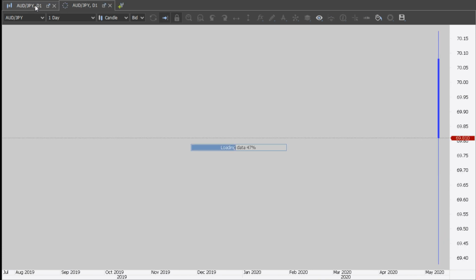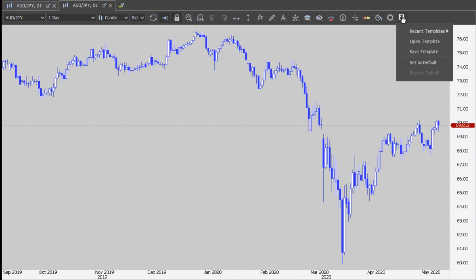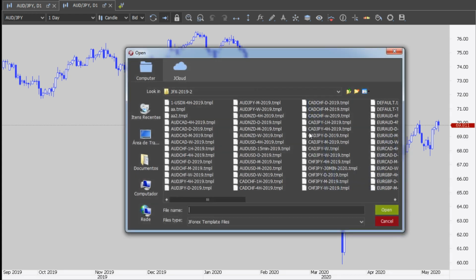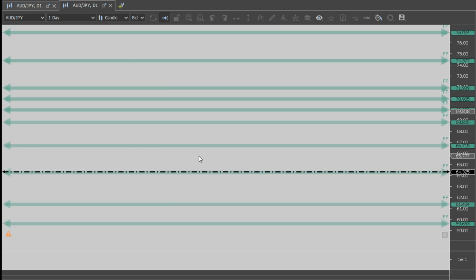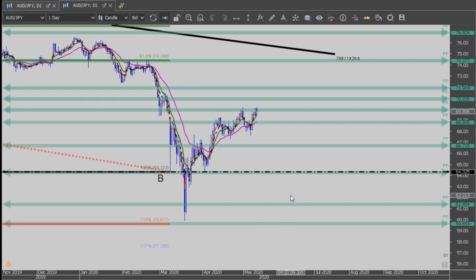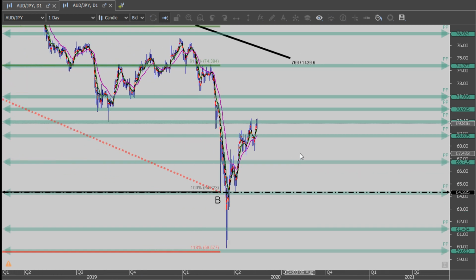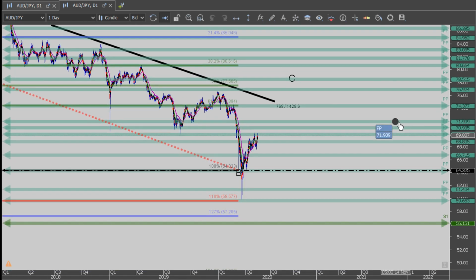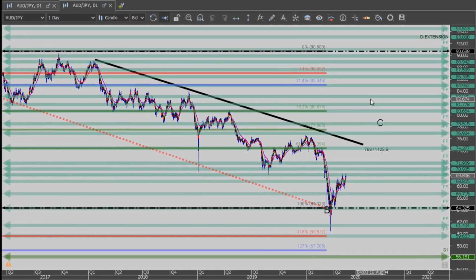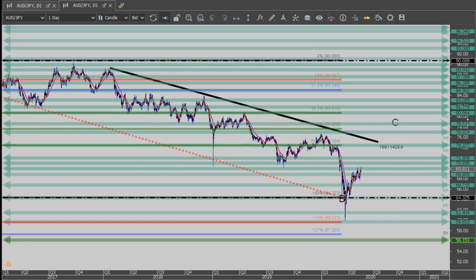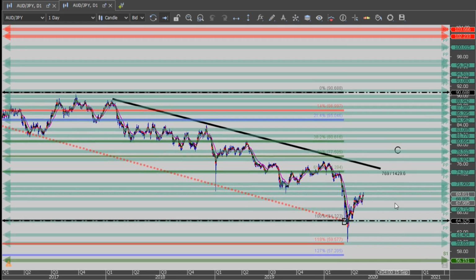So your daily chart is just an example. Your daily chart on AUDJPY should look like this, everybody. Forget the Fibonacci. This should be your chart. It should look like this. You should have the pivot points, support and resistance levels from your weekly chart.